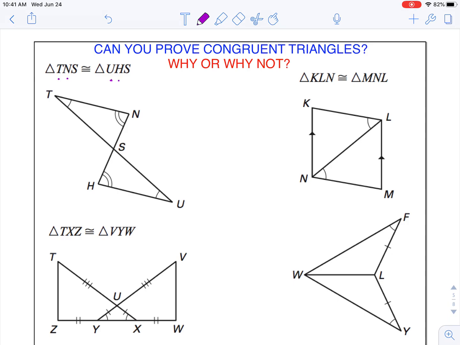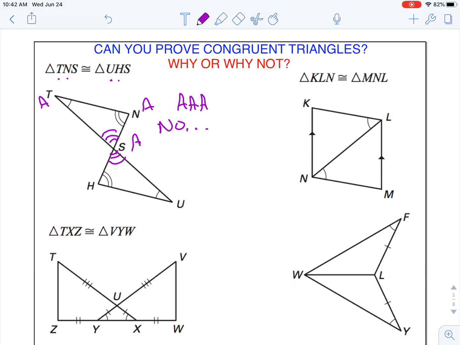And S is corresponding and congruent, even though it's not marked that way, because of vertical angles. But what we have here is angle, angle, angle. That is not one of our congruence theorems or postulates, so no.